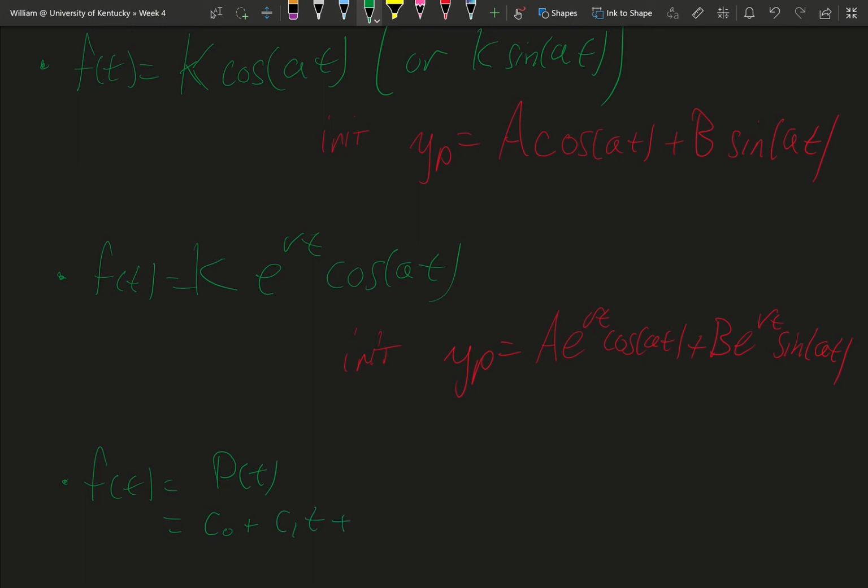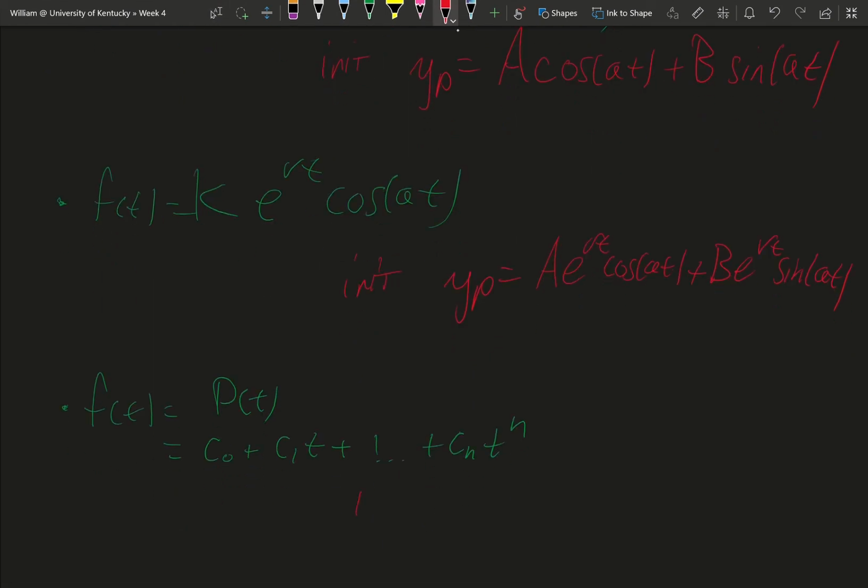And again, if we have some polynomial, then our initial guess is going to be a polynomial of the exact same degree.